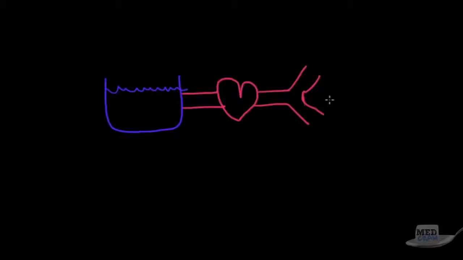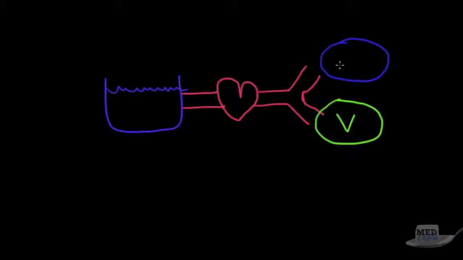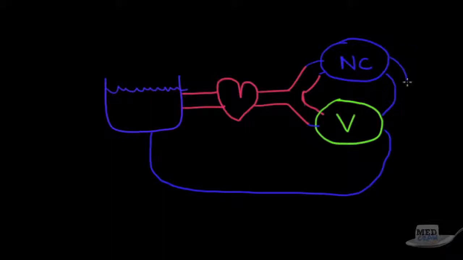There was the vital organs, okay, put a V for vital, and there were the non-vital organs like skin, okay, so non-vital organs. And all of this sort of came back together again to complete the cycle.